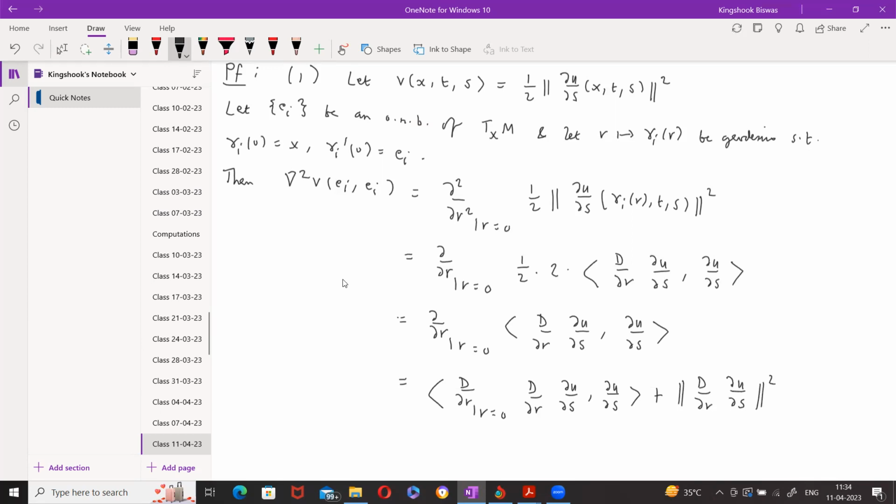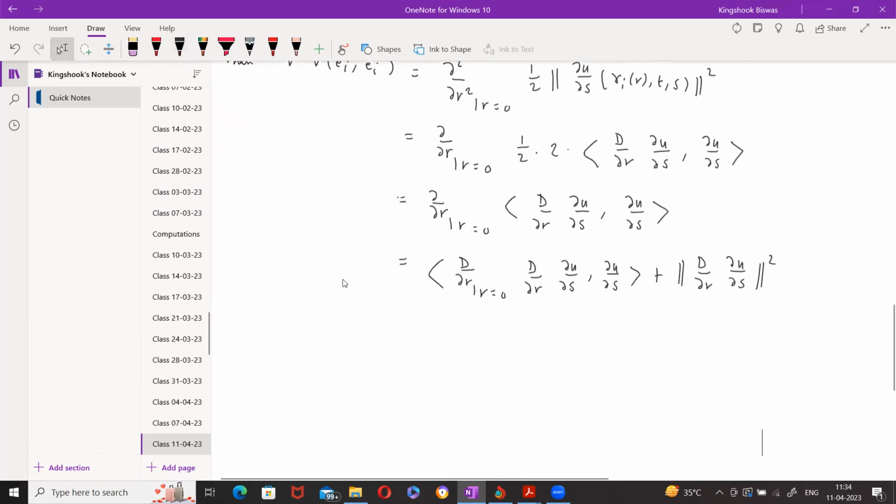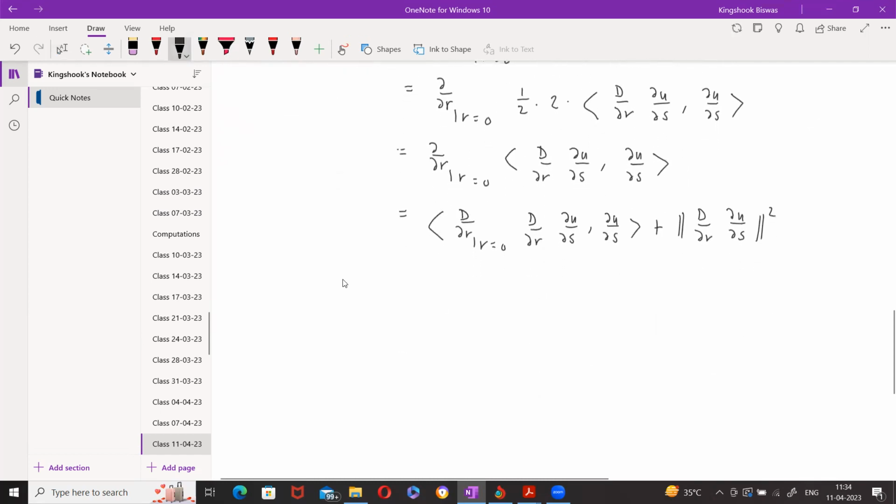Right? So the norm squared is non-negative, so I can say that this is greater than or equal to. Now I take this inner product, and now I'll use the symmetry. I can interchange this D del r with this D del s.